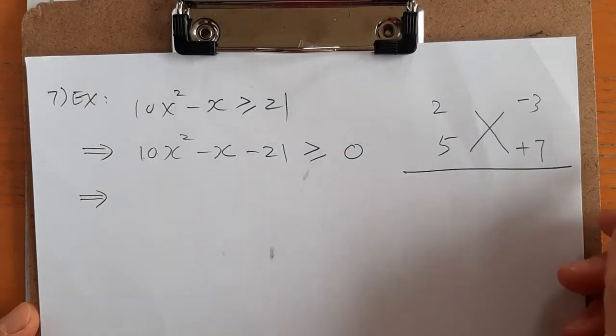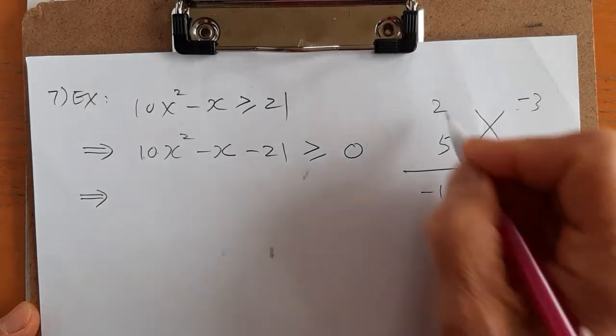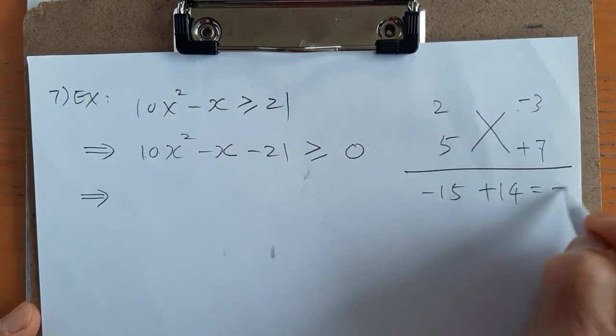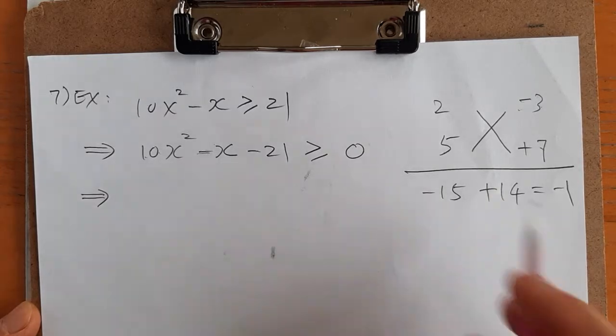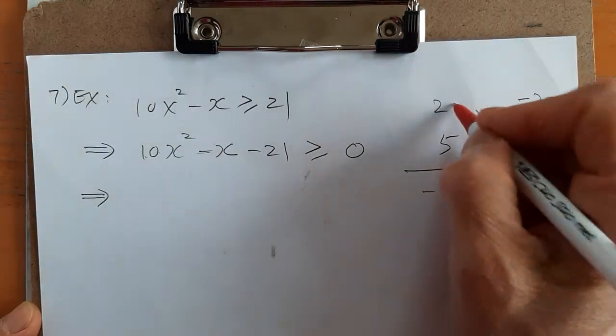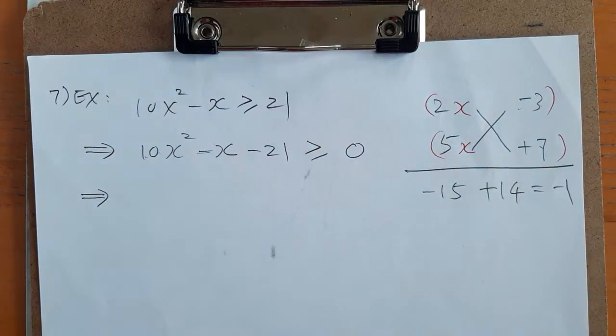Then cross multiplication: 5 times negative 3 is negative 15, and 2 times 7 is 14. Added together, it's negative 1, and the x term coefficient is negative 1. So this is right. So attach x and put the parentheses.